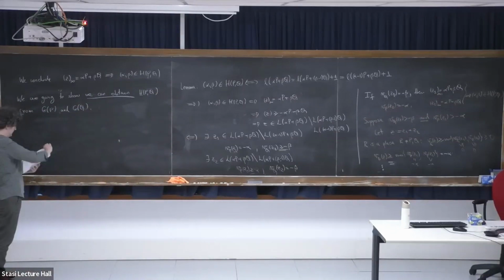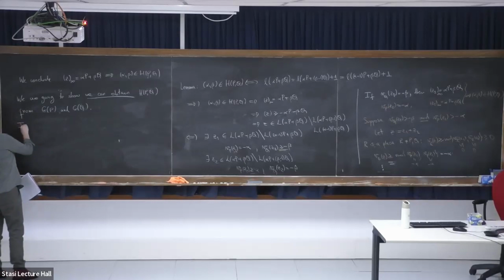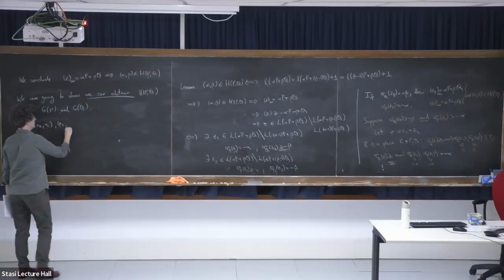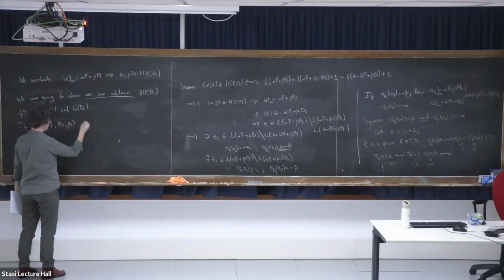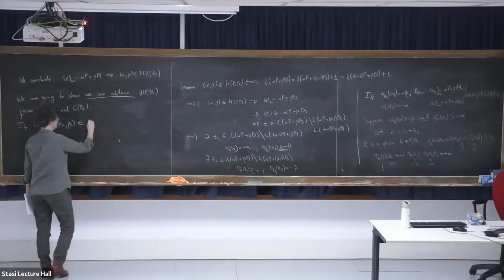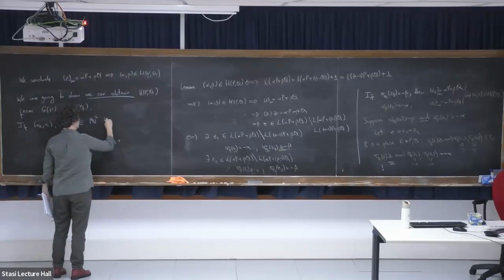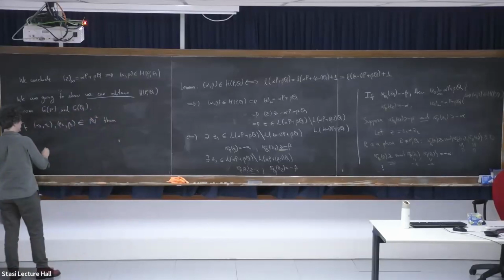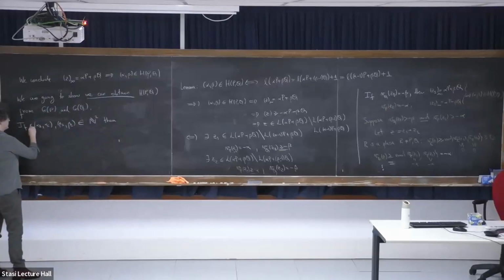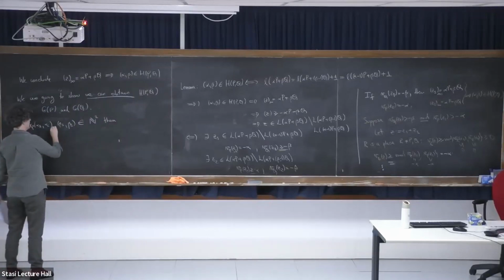So we start with lemma 1. But before lemma 1, I want to define something. If you have two vectors, living doesn't matter where, this is going to be vector x1, this is vector x2.